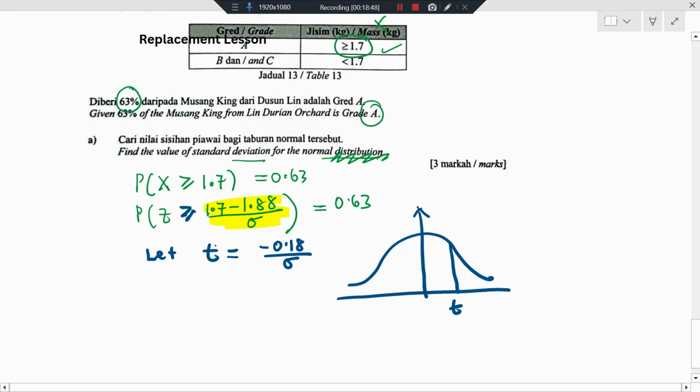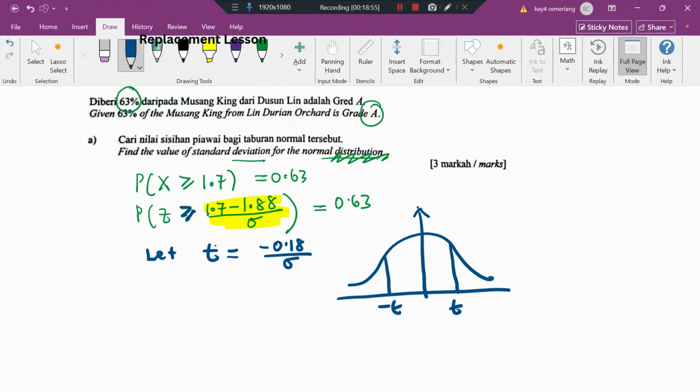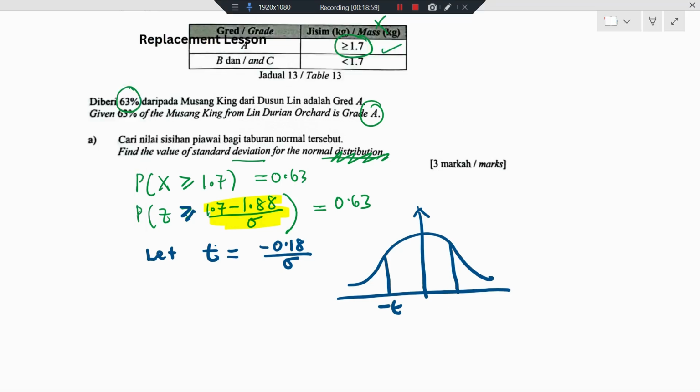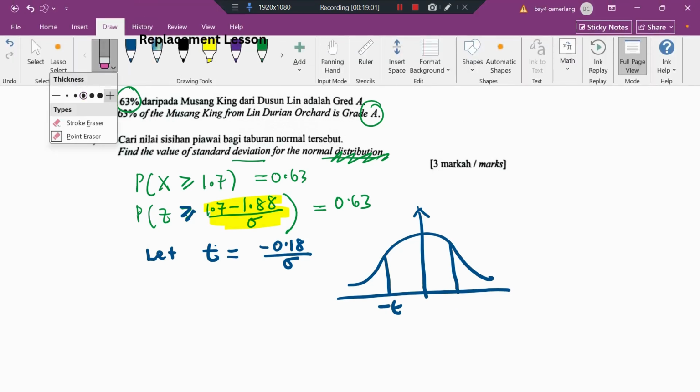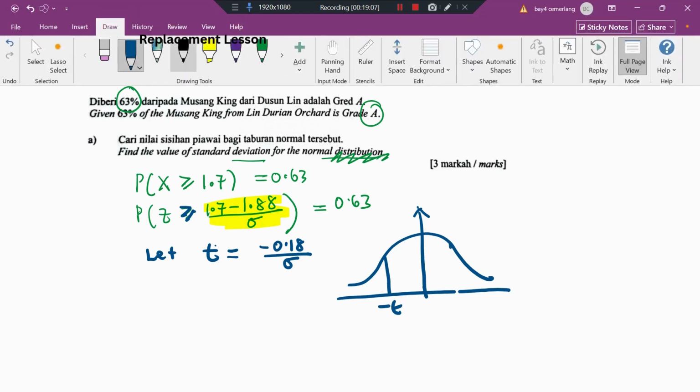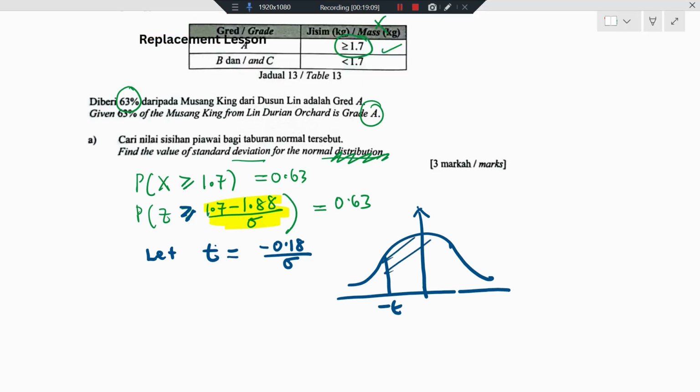So your T should be negative, and then you shade greater than, then you can find the answer. So this is negative T, and let me add it on.